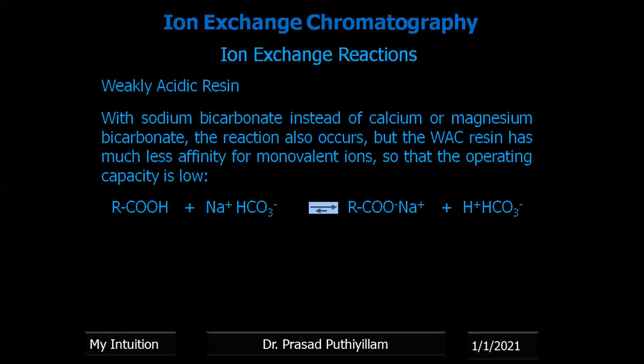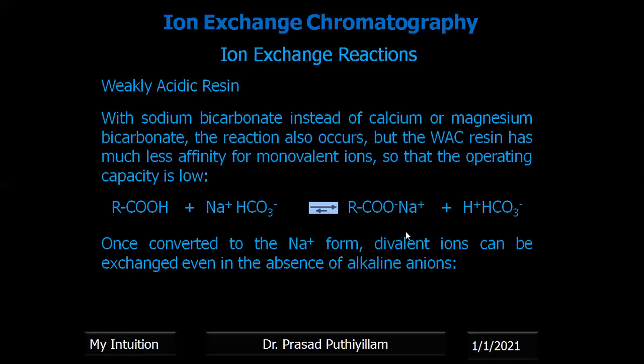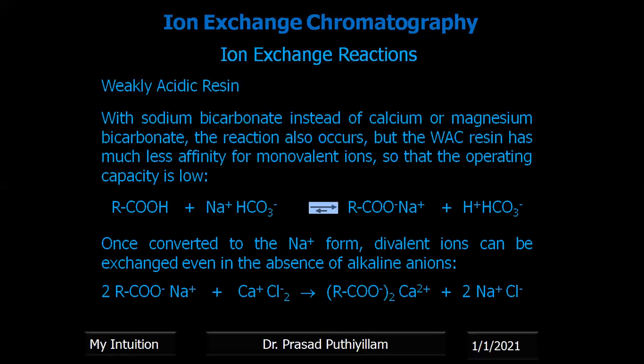Once RCOOH is converted into the Na+ form, it can further be used for the exchange of divalent ions: 2 RCOO- Na+ + Ca2+ Cl-2 gives (RCOO)2 Ca2+ + 2 Na+ Cl-.